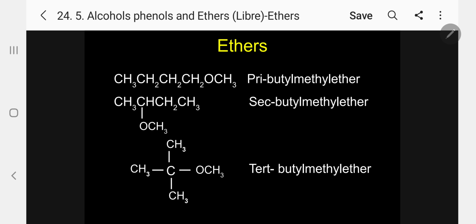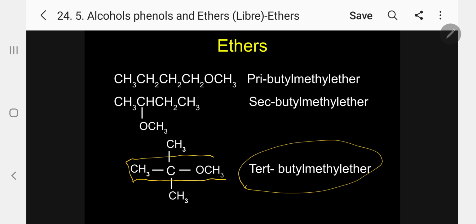So kindly be very careful, my dear students. What is the correct IUPAC name for tertiary butyl methyl ether? They can ask. Then what you have to write? Immediately you have to write the structure of tertiary butyl methyl ether. Then as usual you have to find out, this is the type 2 compound. The main chain, this is the main chain. Correspondingly you have to think.